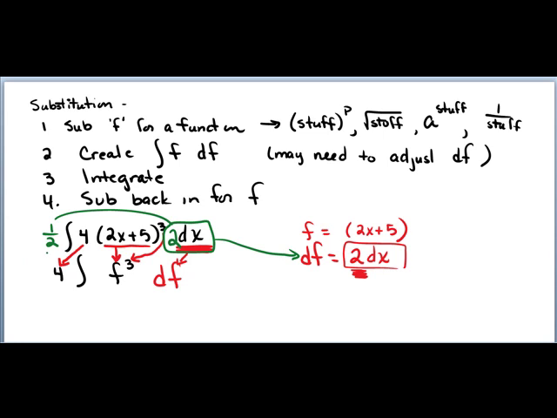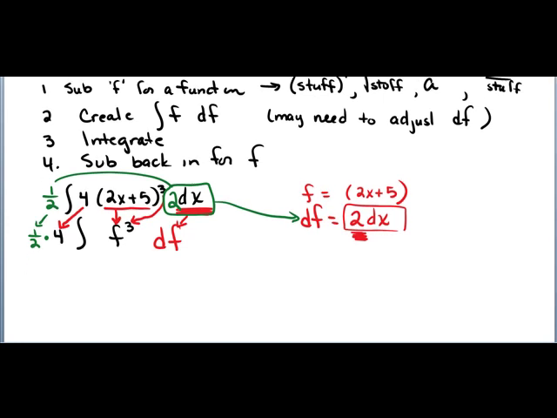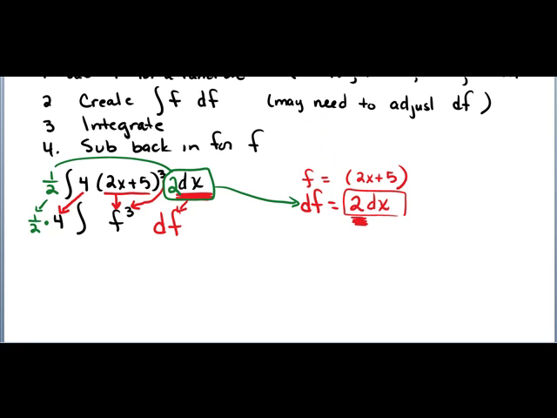And so now if I bring this 1/2 down, so 1/2 times that 4, I can have just my df there. So what I really have is 1/2 times 4 is 2 times the integral of f cubed df. This part right here with the star is the most critical part. That to replace dx with df, you have to have everything that df equals.